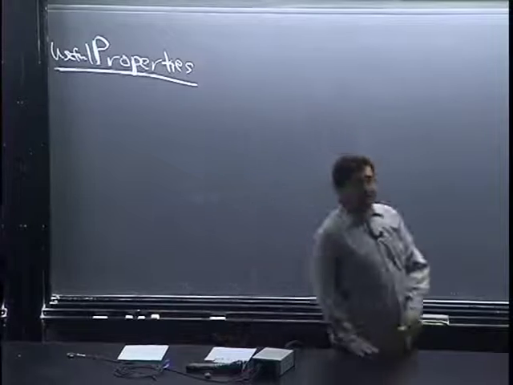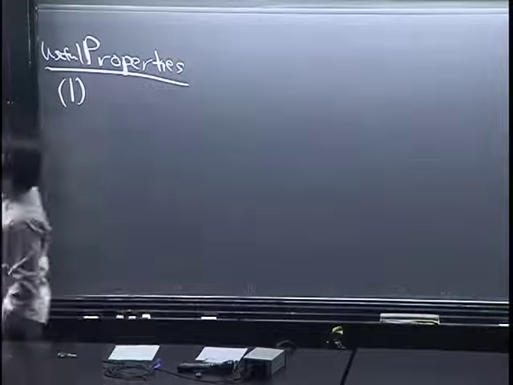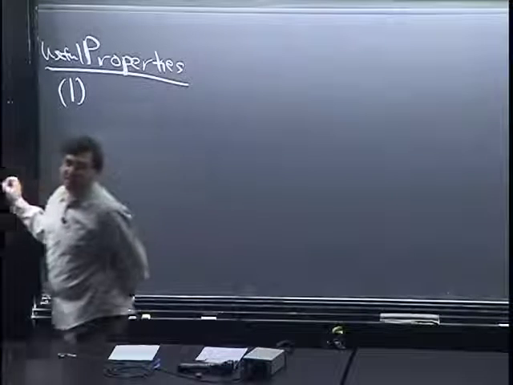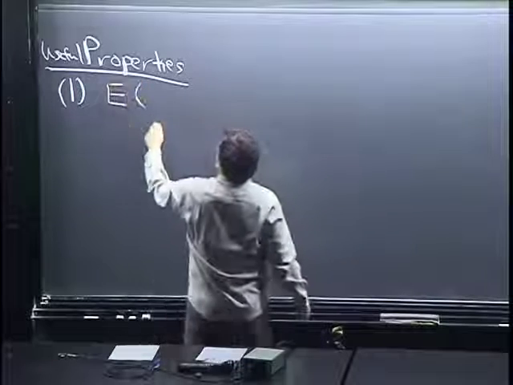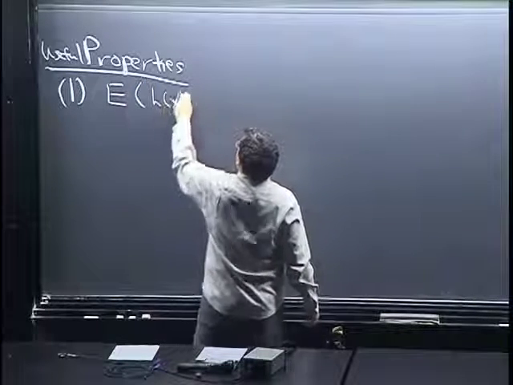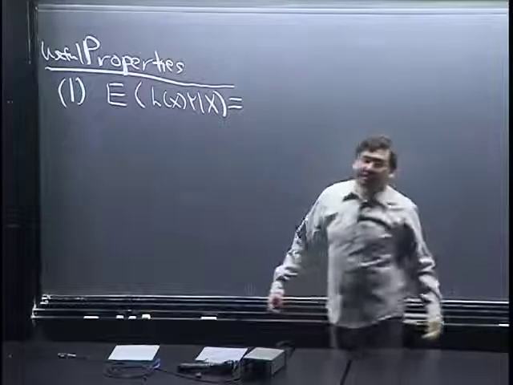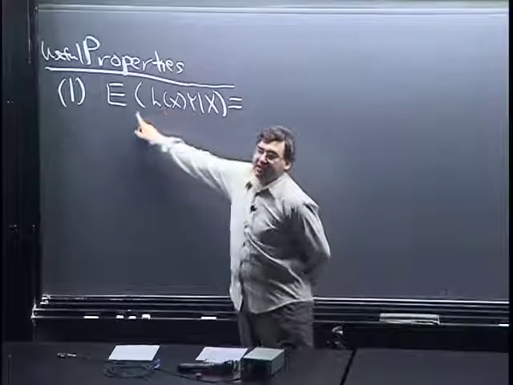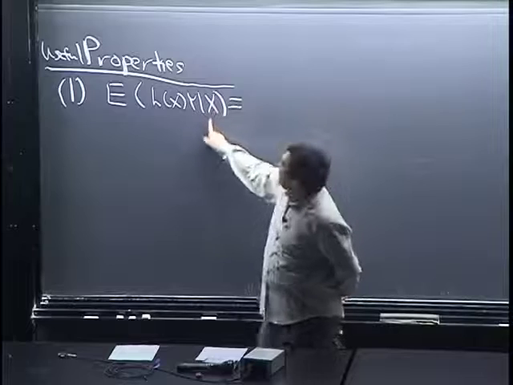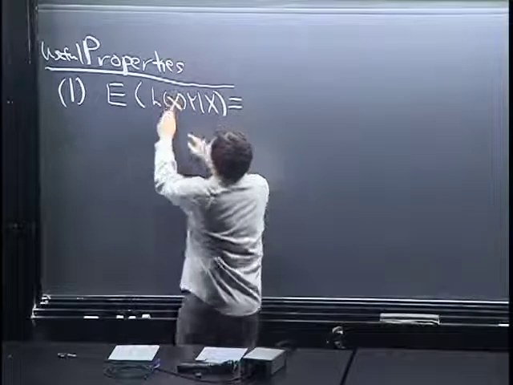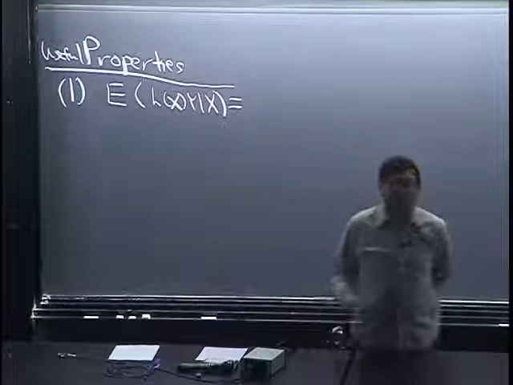Okay. Property 1, similar to what we were just doing over there, but I just want to write that as a general statement. If we have E of, let's say, h of X times Y given X, now we know that if we have a constant in front, we can take it out, right? Well, in this case, we're treating X as known. So from our point, this is capital X. So this h of X is a random variable. h is just any function. Could be x cubed, e to the x, whatever.